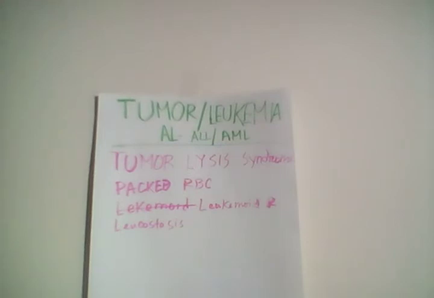Now, a complication: leukostasis. Leukostasis reaction is caused by both acute lymphocytic leukemia and acute myelocytic leukemia. When a massive amount of immature white blood cells are in the blood vessel, it causes sludging of white blood cells in the vessel and prevents blood circulation.